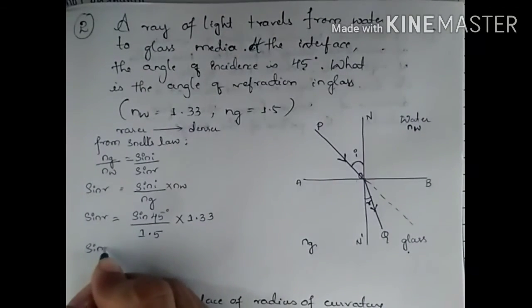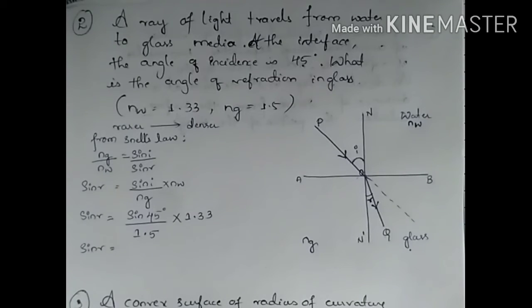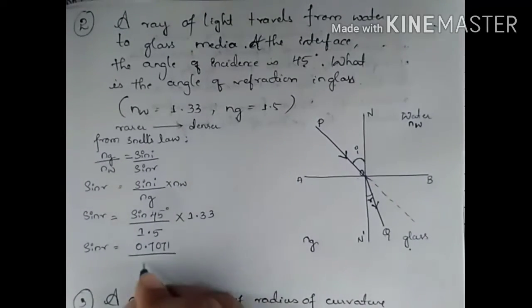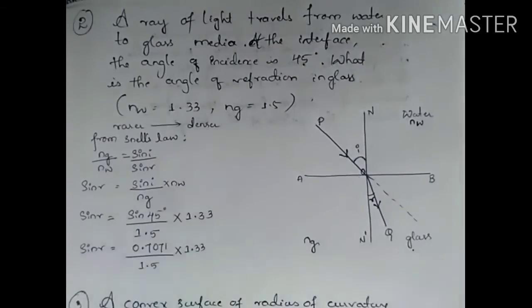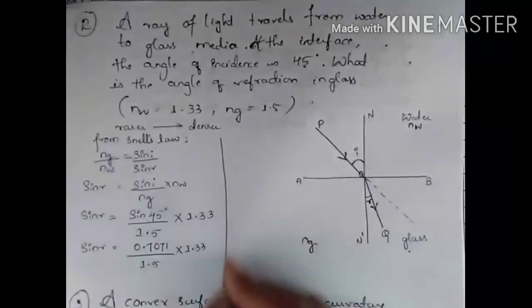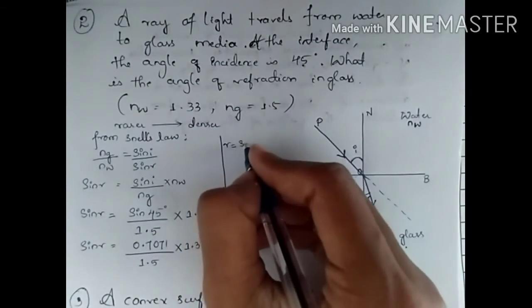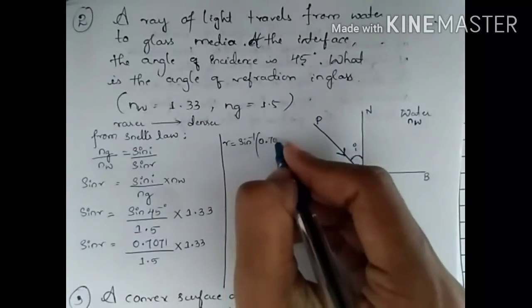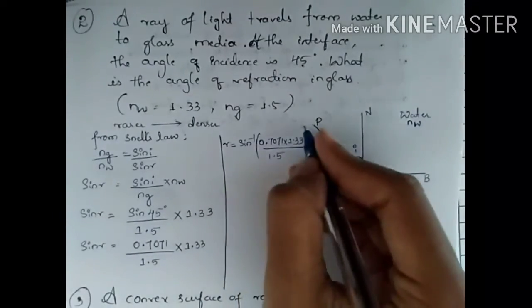So sin 45 degree will be 1 by root 2, that is 0.7071, divided by 1.5 into 1.33. Now what you need is R. R will be sine inverse of this quantity, 0.7071 multiplied by 1.33 divided by 1.5.